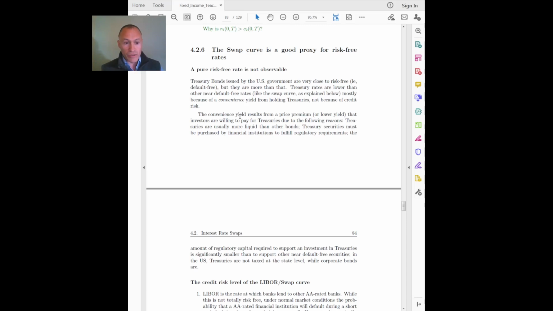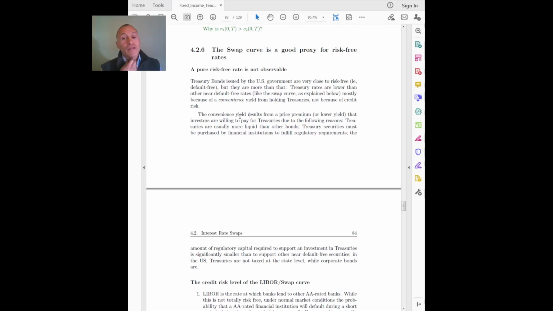So the idea again is that there is not something that is just risk-free and nothing else, because the treasury bonds are risk-free, but they are also something else, which makes the price too high or the rate too low.